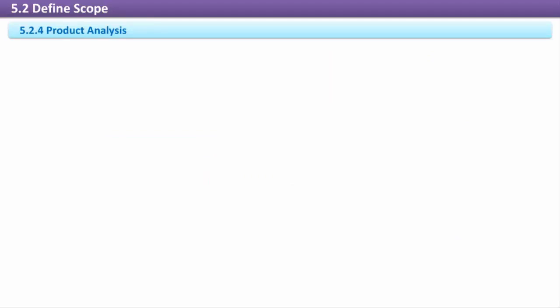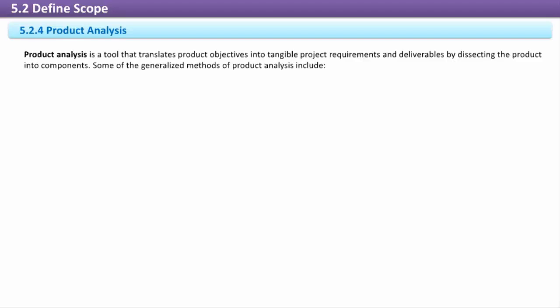Product analysis. The project scope cannot be developed without having a good understanding of the product, even if our project is only delivering a part of a larger product, service, or result. Disconnects between the product scope and project scope can result in deliverables that don't fulfill the need for which they were intended.